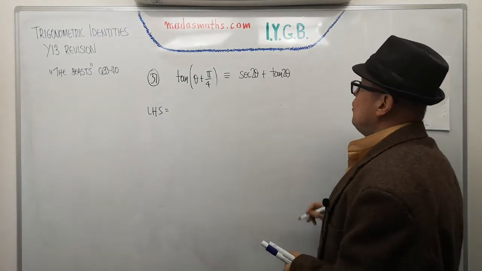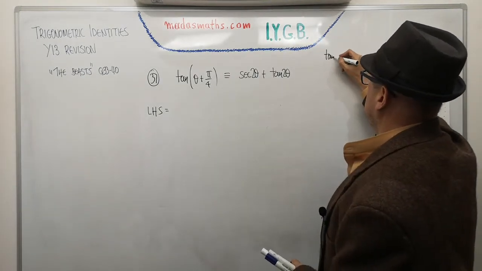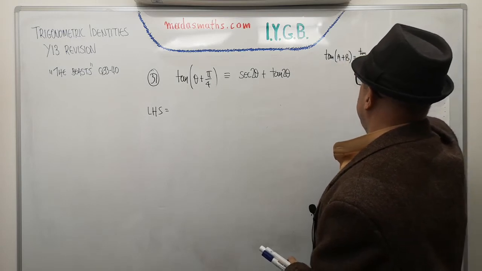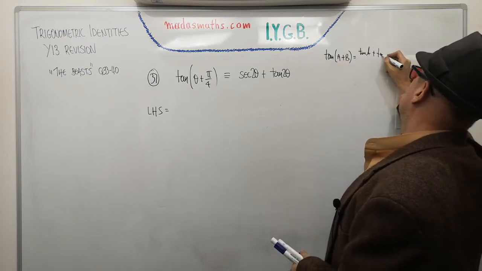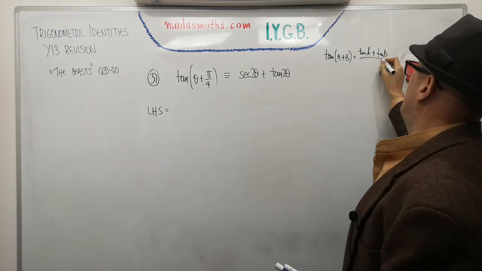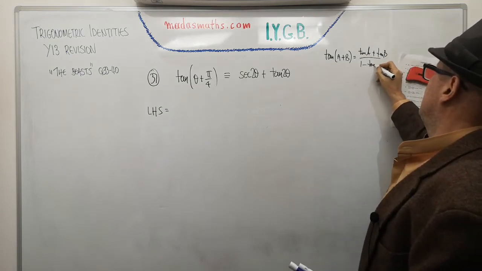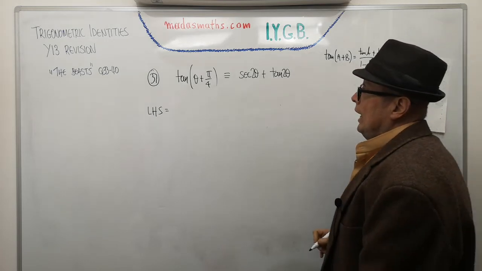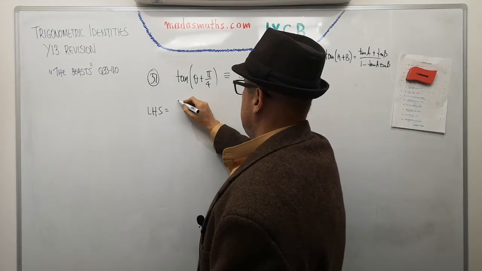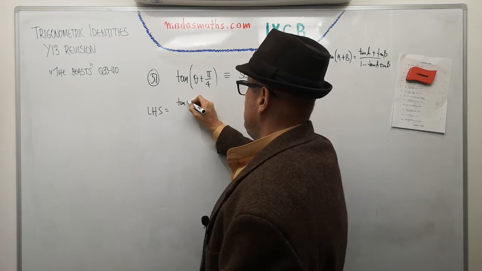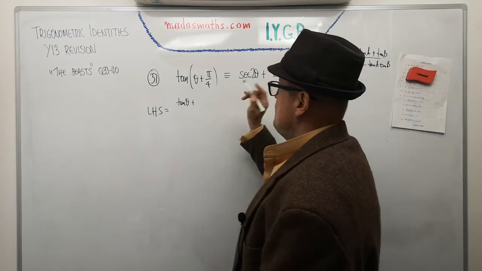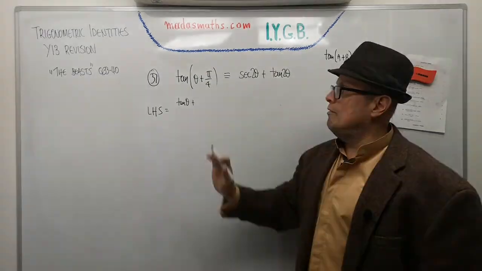The compound angle for tan of A plus B is what I'm using next, which is of course tan A plus tan B over 1 minus tan A tan B. So we're going to get the tan of A, which is the tan of theta, plus the tan of pi over 4. I'm not going to write it now, we are beast level.